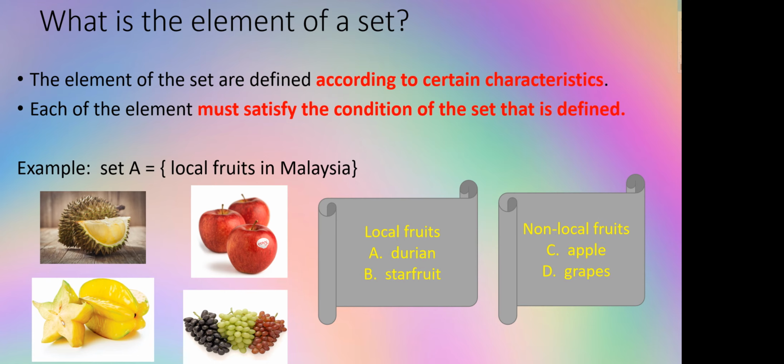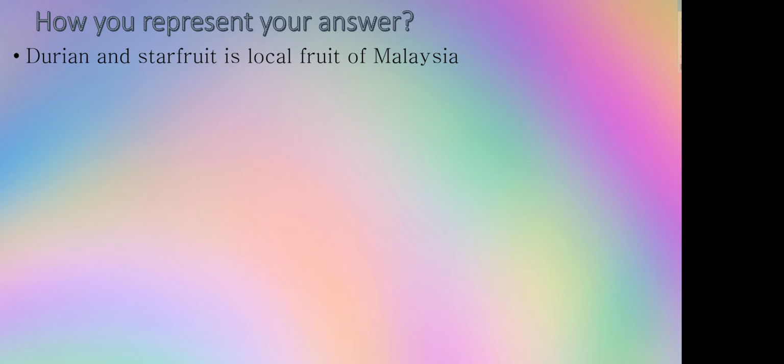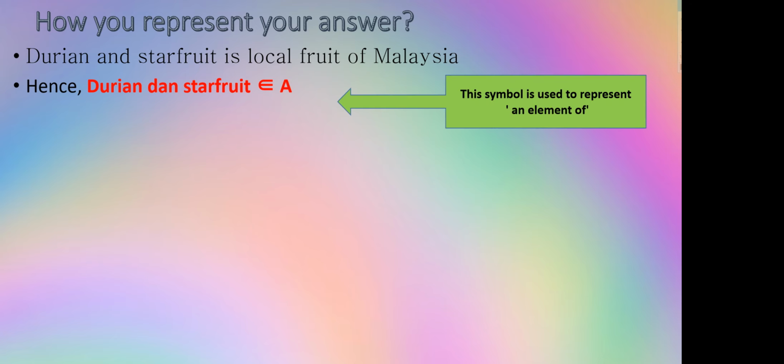So after we have identified the elements according to the characteristic, how do we present our answer on paper by using symbols? Since the durian and the star fruit are local fruits of Malaysia, hence durian and star fruit are elements of set A. This symbol is used to represent an element of the set.